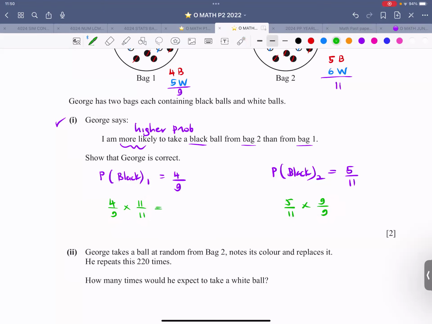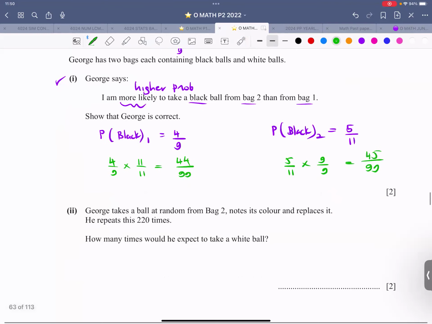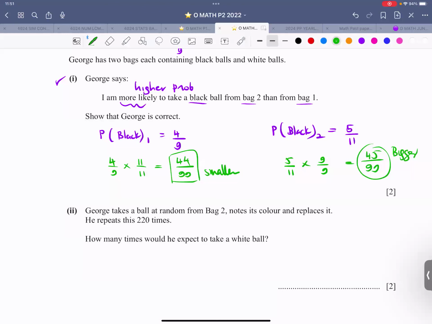So therefore, this is 99 in the bottom, and this is 44. This is 99 in the bottom. This is 45. So this is bigger. This is smaller. Therefore, the statement of George is correct. He is more likely to take a black ball from bag 2 because of higher probability. So this is all good, all clear.